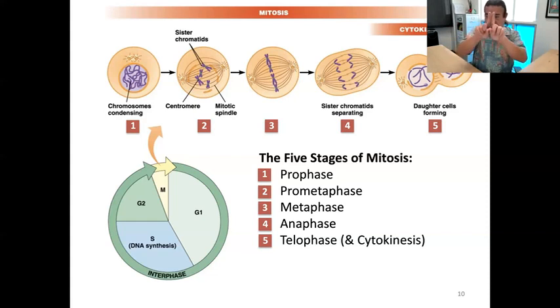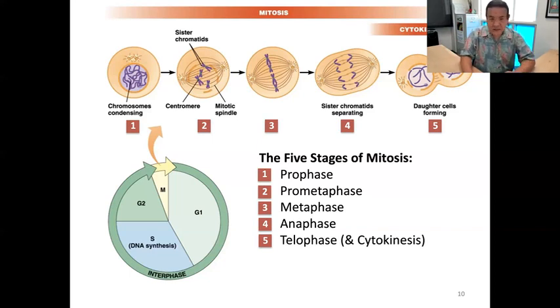So mom's chromosome 1 has a copy of mom's chromosome 1 still stuck to it. That's why it was X-shaped. These fibers pull these apart so that you now have an equal division of the genome. Then step 5 is telophase and cytokinesis, the actual separation of the cytoplasm and the cell membrane to form 2 new daughter cells.